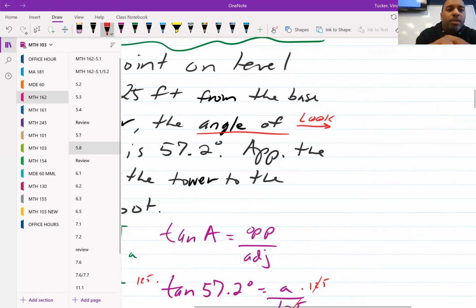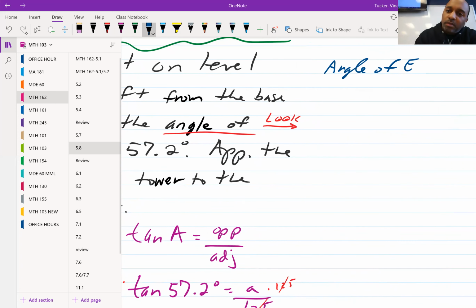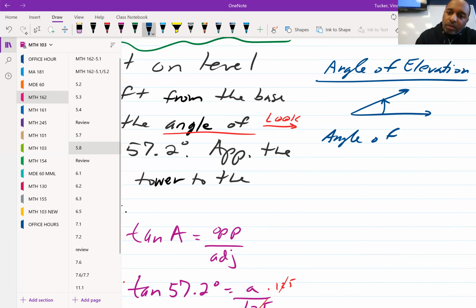Everybody good? Just want to re-emphasize the angle of elevation, talking about your angle going up, elevating. And you also have an angle of depression.